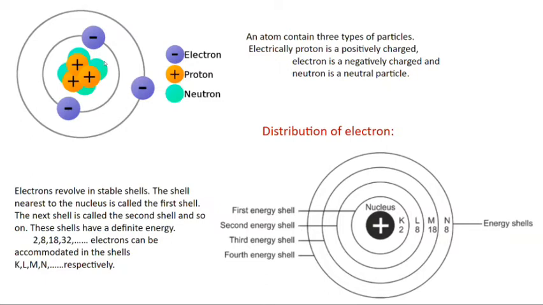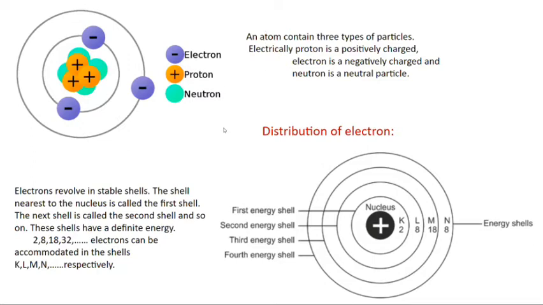Both together are known as the nucleus. What about electron? Electrons revolve around the nucleus. So electrons are the extranuclear part of the atom.